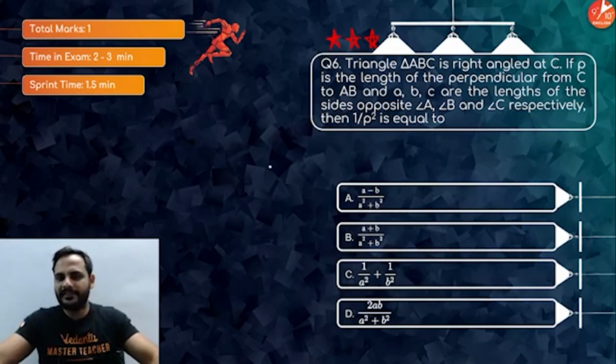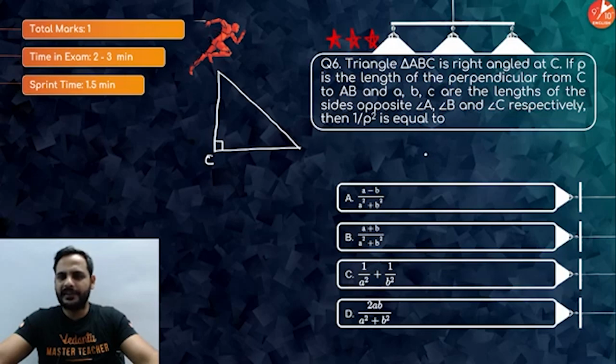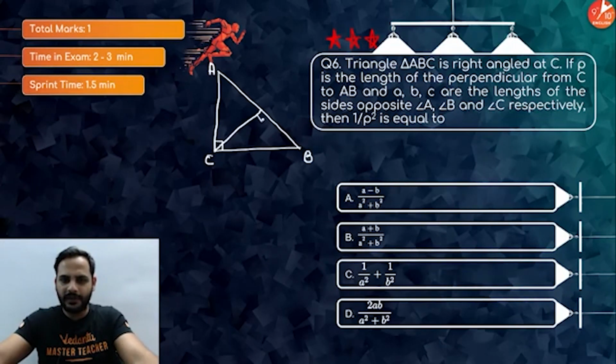Triangle ABC is right angled at C. If P is the length of the perpendicular from C to AB, then from C you have dropped the perpendicular on AB. The lengths of the sides are opposite to angle A.